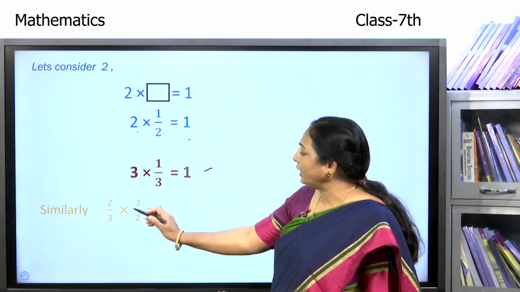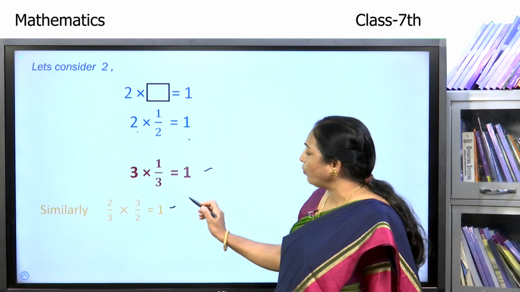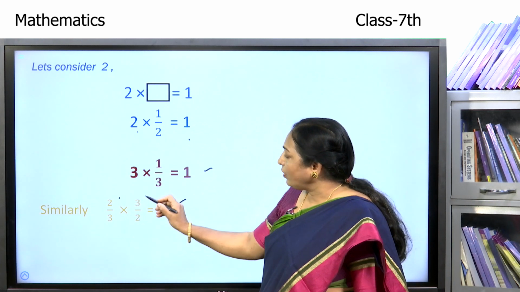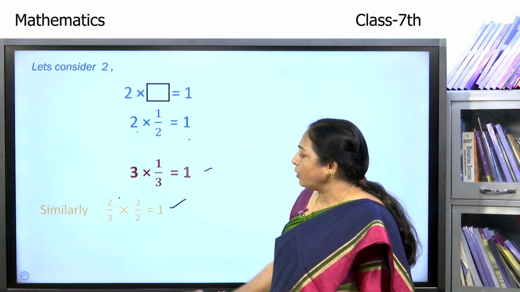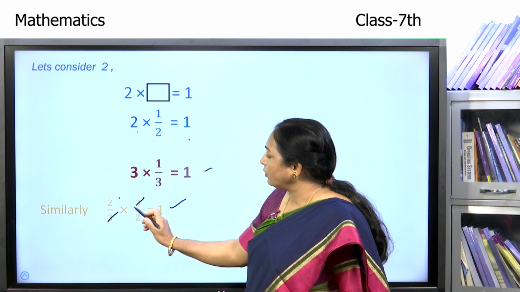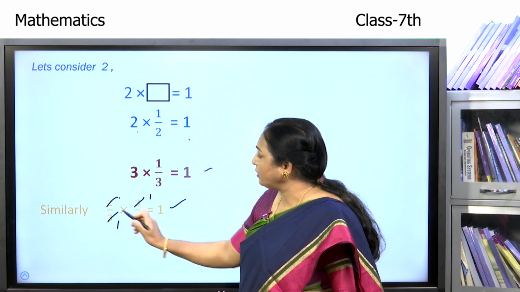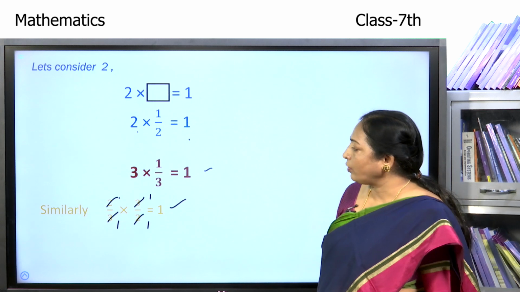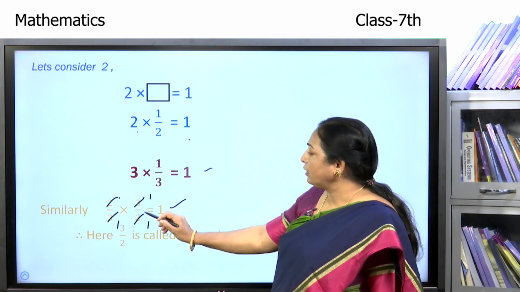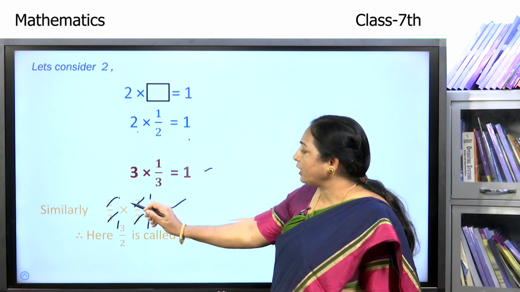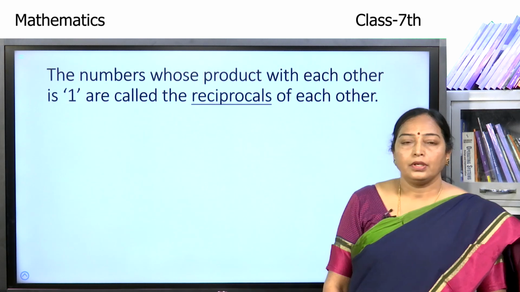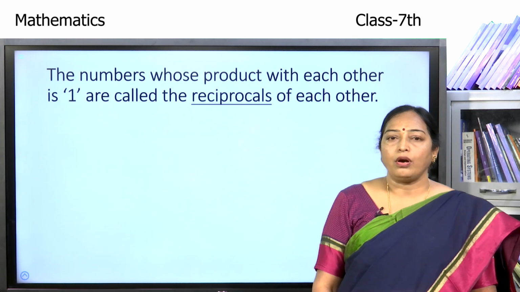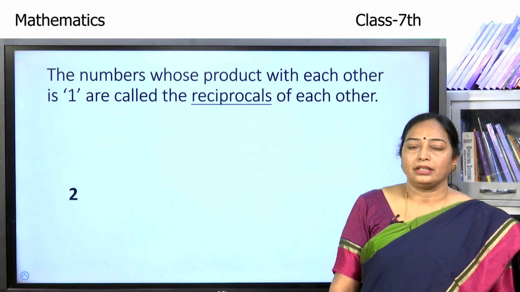Similarly, 2 by 3 into 3 by 2 gives 1. By inverting 2 by 3, we get 3 by 2, and by multiplying these two, we get 1 as the product. Therefore, 3 by 2 is called the reciprocal of 2 by 3. The numbers whose product with each other is 1 are called the reciprocals of each other.